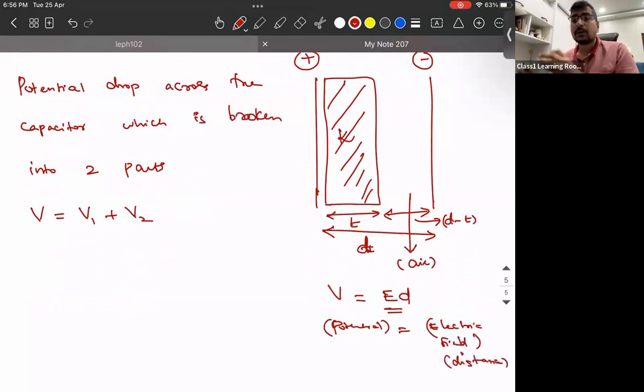This is coming because we know that E is equal to minus dV by dr. Yesterday I told you E is equal to minus dV by dr. So you can take that minus sign and write it as V by D. So take it to the other side.